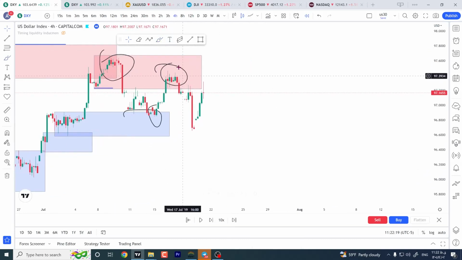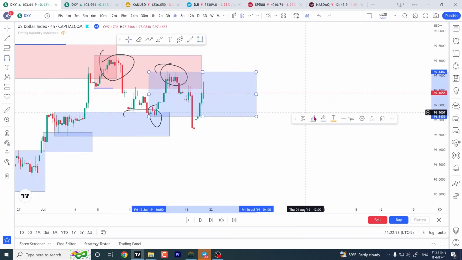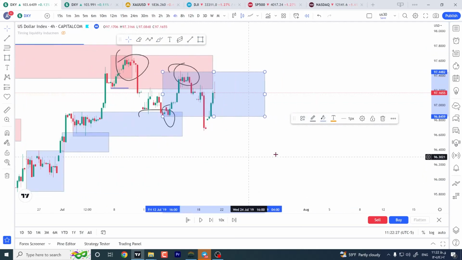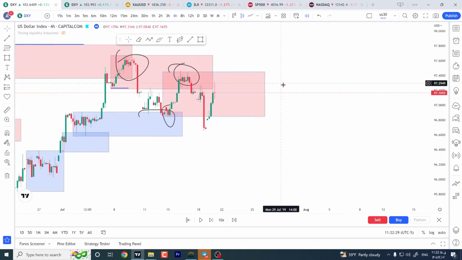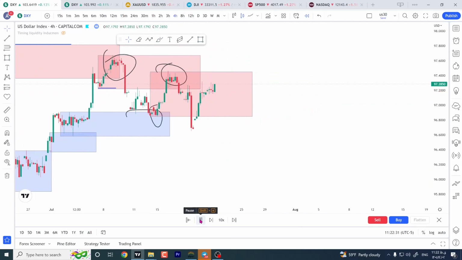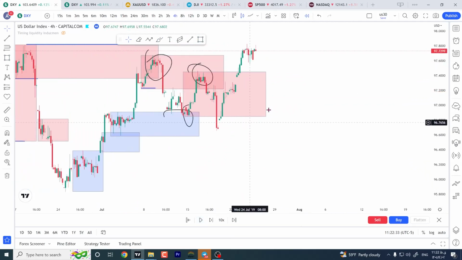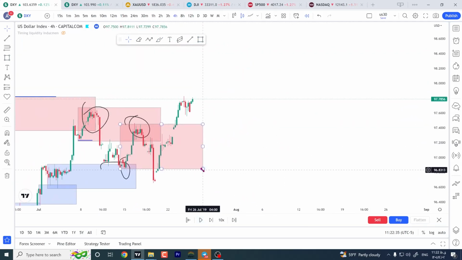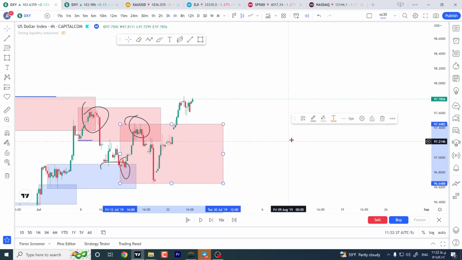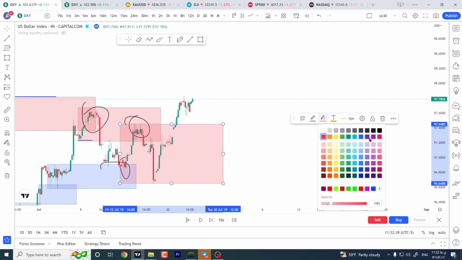It's named ping ponging the market. Now we have this supply box. I think it's going to fail because the market is trending up, but I don't know exactly how it will react. No, it became a demand box, so I'm going to change the color.